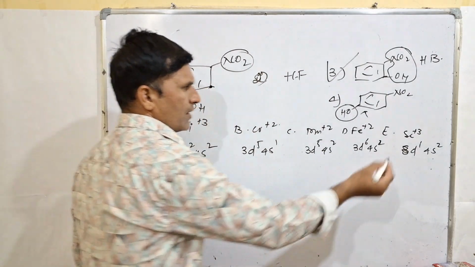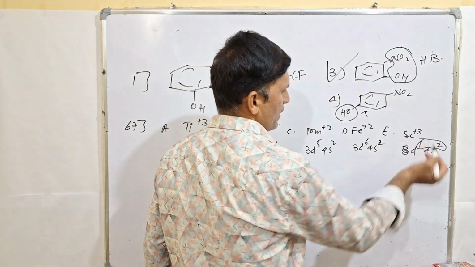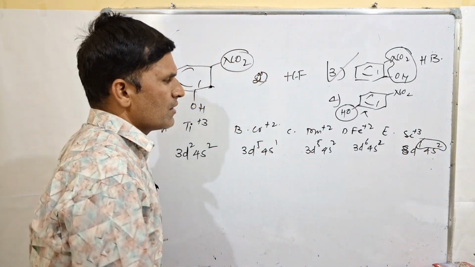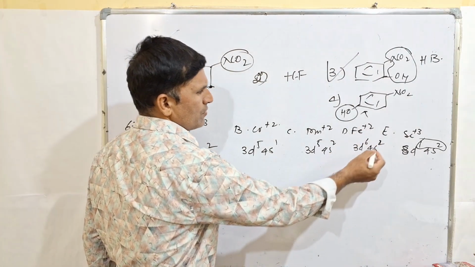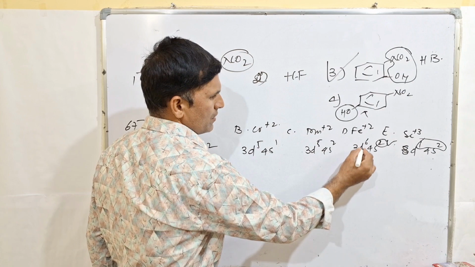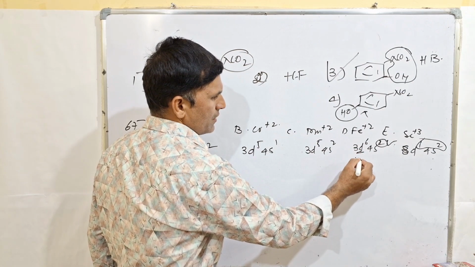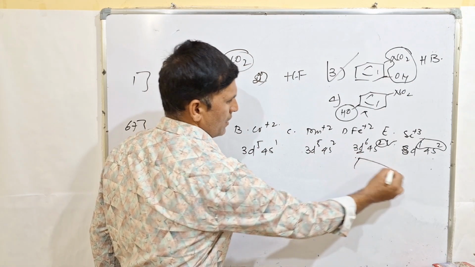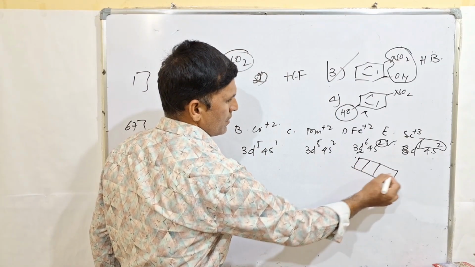Here it is plus 3, meaning all 3 electrons are removed from the valence shell, and here it is plus 2, meaning these two electrons are removed. So your valence shell contains 3d6, so how will it be arranged?